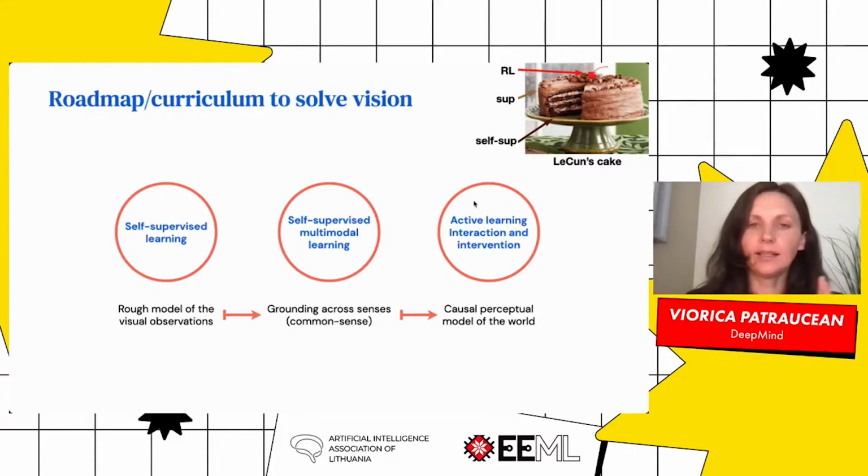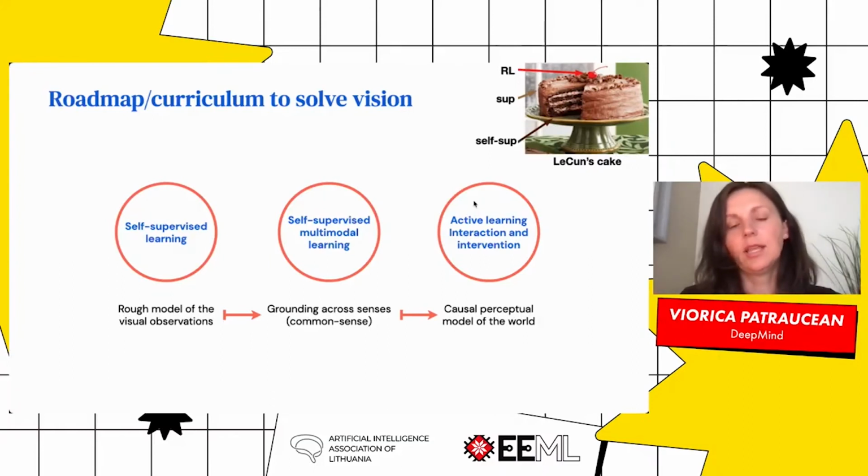From my perspective, my plan is very similar to what he is proposing, but I'm just looking at it from the types of skills that the resulting models can get. So I think self-supervised learning is very important and should be the very first, fundamental thing, the starting point, and this can lead to a rough model of the visual observations.